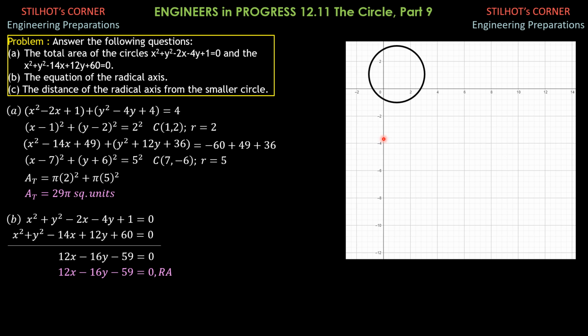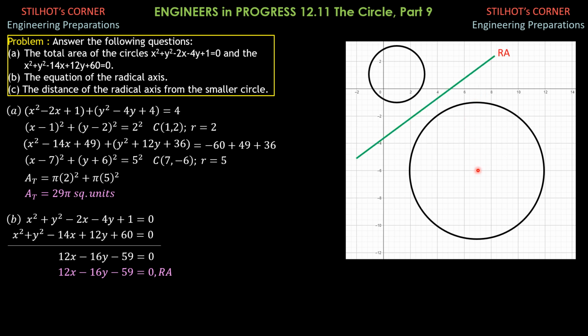And when y is 0, x is 59 over 12, and that is 4 point something, maybe somewhere here. So this is the bigger circle of center (7, negative 6), and the radius is 5.